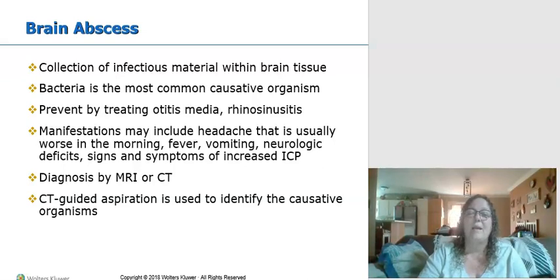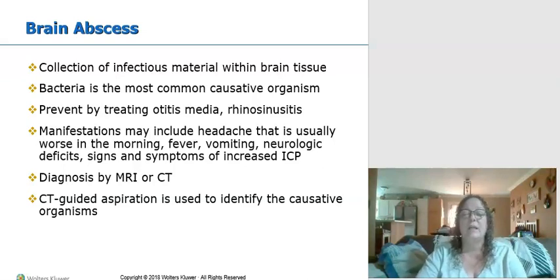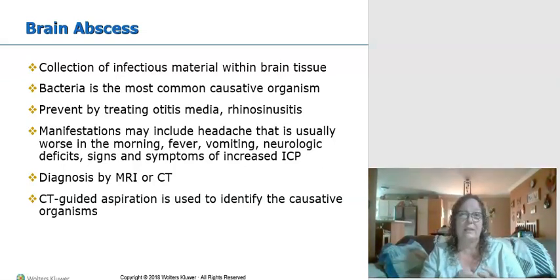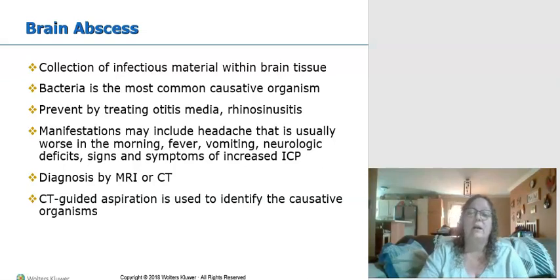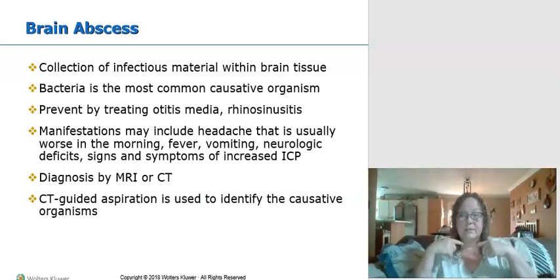Right? Manifestations include headache that is usually worse in the morning. Headache worse in the morning, fever, vomiting, neurological deficits depending on the size and how quickly this abscess grows. Signs and symptoms of increased intracerebral pressure. Remember, head's a box, contents are enclosed.